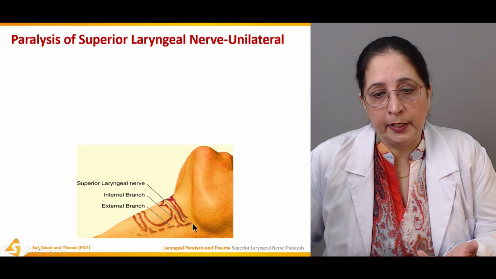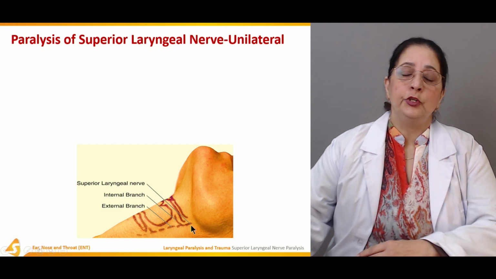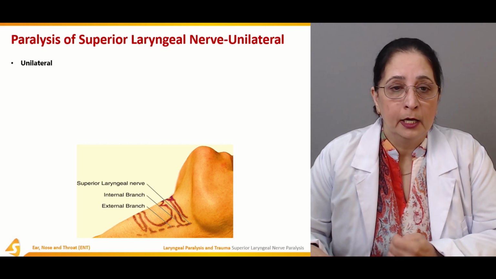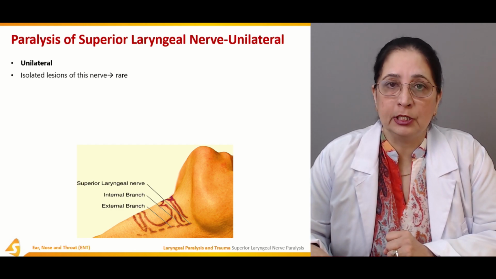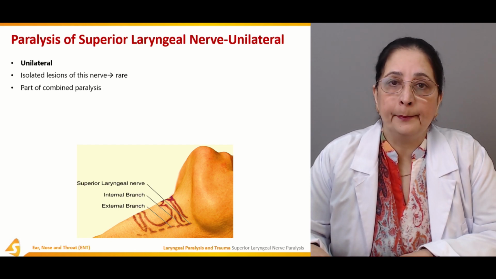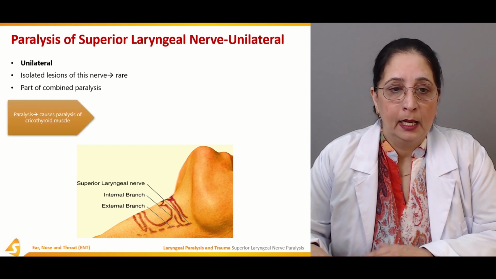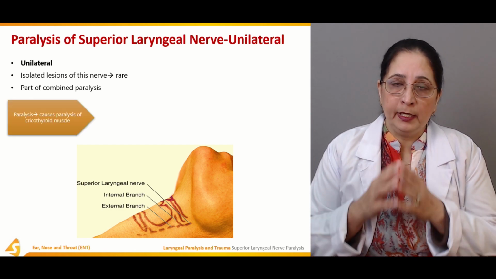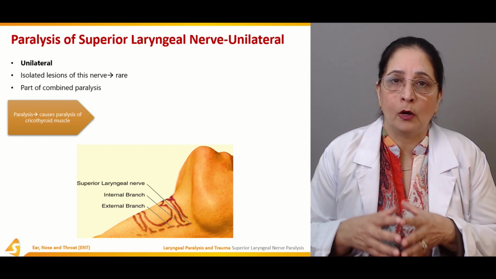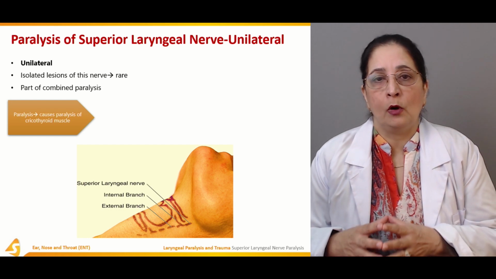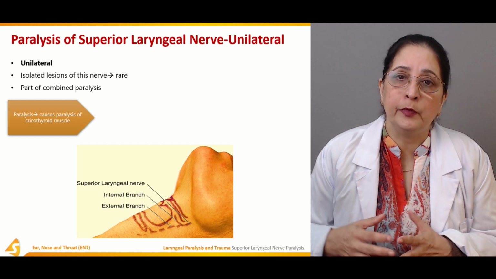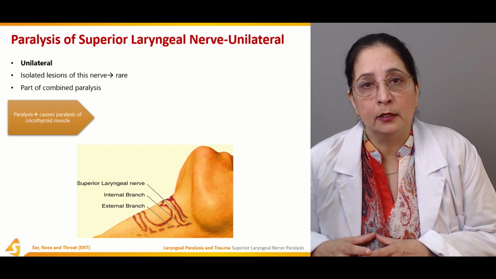Isolated unilateral lesions of this nerve are rare. It means the superior laryngeal nerve is not commonly involved all alone. It is involved as part of combined paralysis, when it is associated with recurrent laryngeal nerve paralysis.